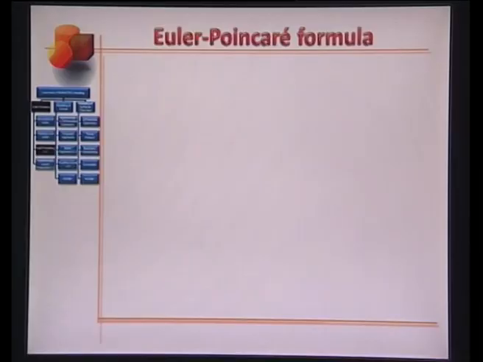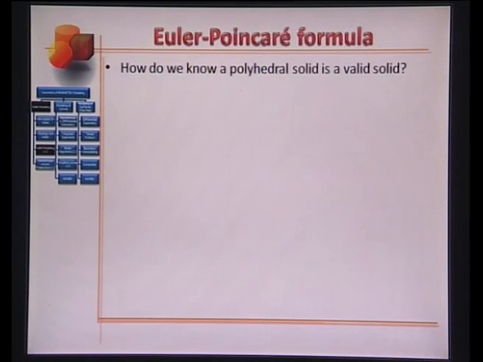Euler-Poincaré formula. This is used to answer whether a polyhedral solid is a valid solid. The formula goes like V minus E plus F minus, within parenthesis, L minus F, minus 2 times S minus G equals 0.